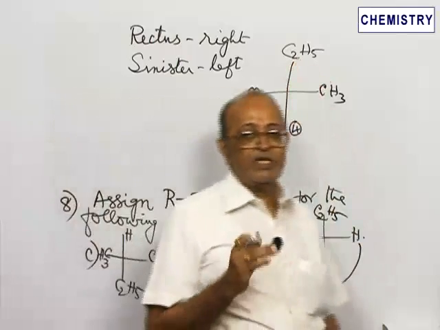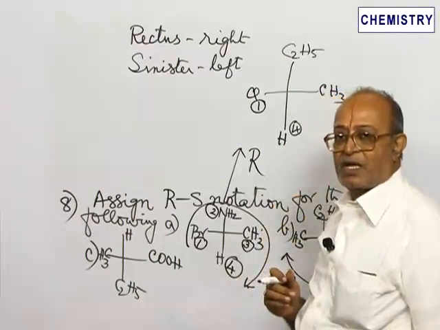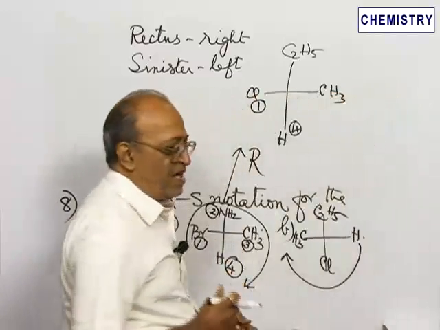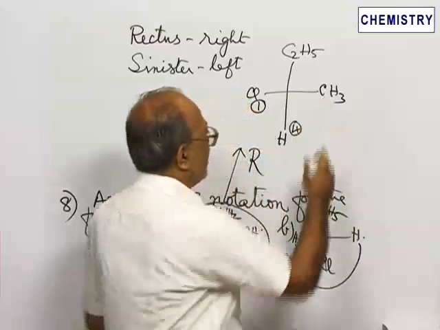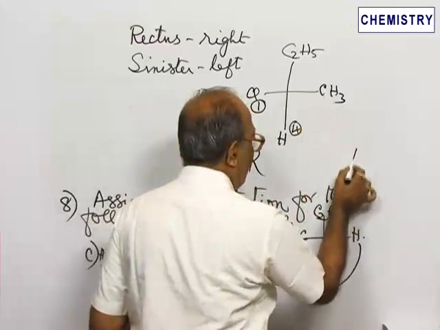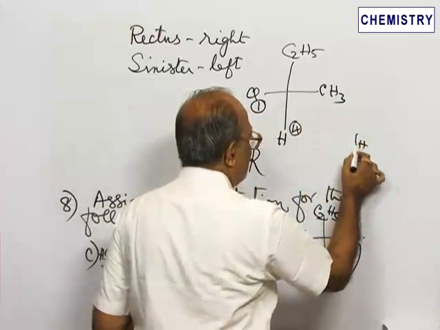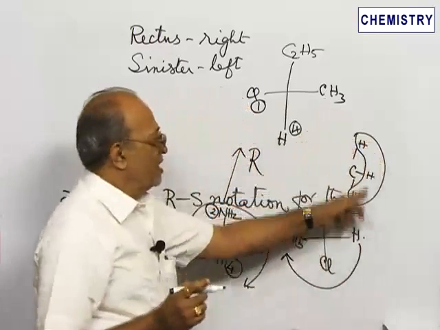Since both the atoms are carbon atoms, how to fix the priority? Because both the carbons will have the same atomic number. If the first atom has the same atomic number, you go in for the second atom. In CH3 you will have, you see, these are the second atoms, 3 hydrogens.